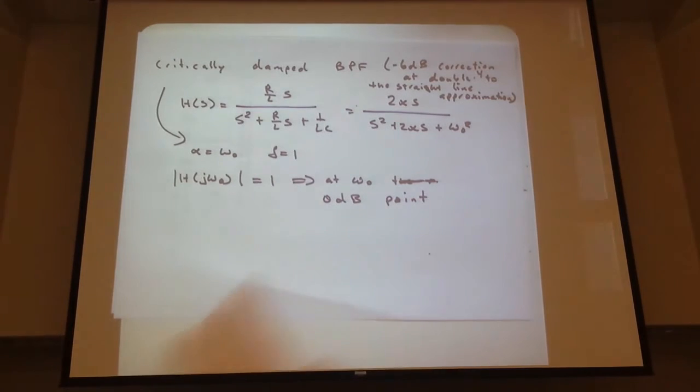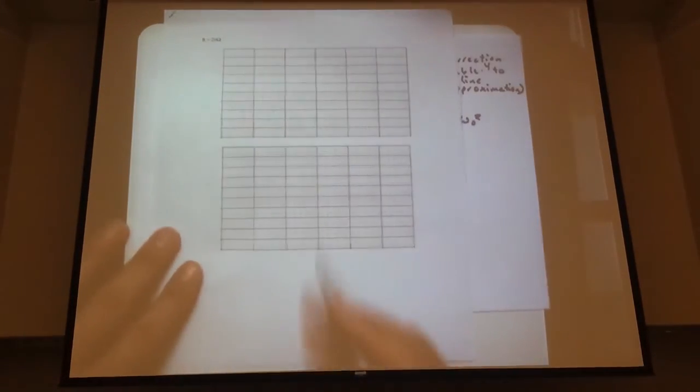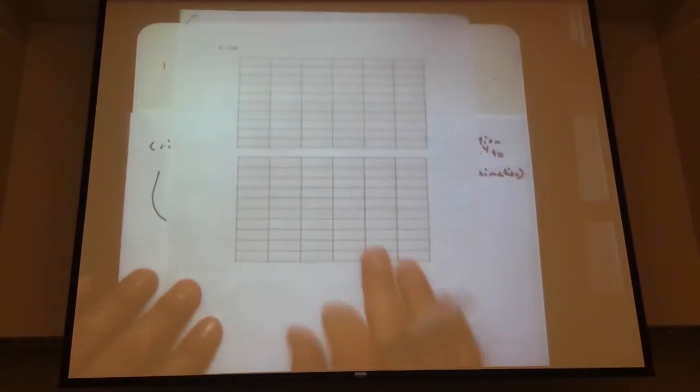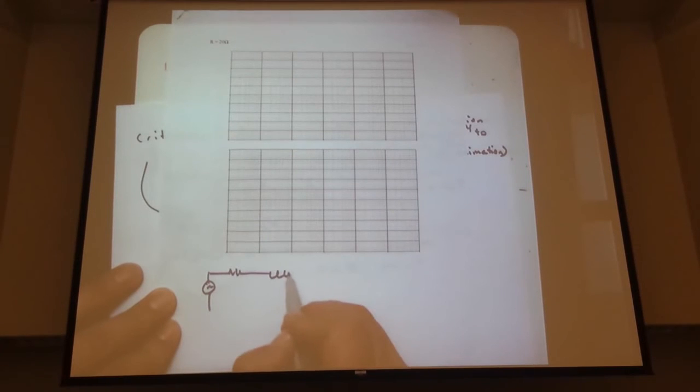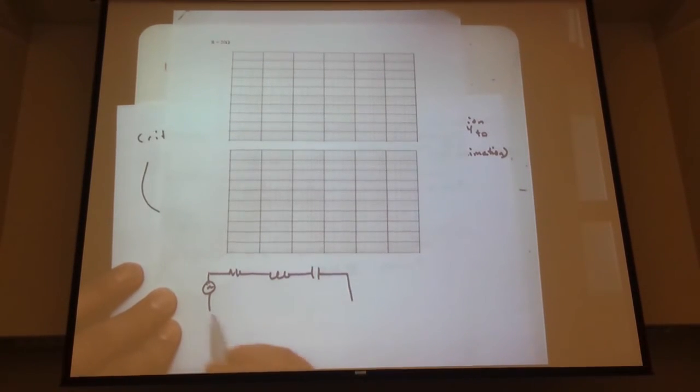So for our underdamped case, again, the same circuit, nothing's changed. 10 to the minus 3, 10 to the minus 9, and we can do 100 here.